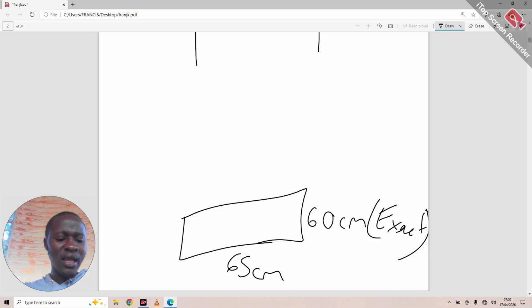But the examiner doesn't tell us whether the length, which is 65 centimeter, is exact or an approximation. In such cases where an examiner doesn't specify, it is normally an assumption that 65 centimeter is an approximation. You only deal with what the examiner has stated as exact.